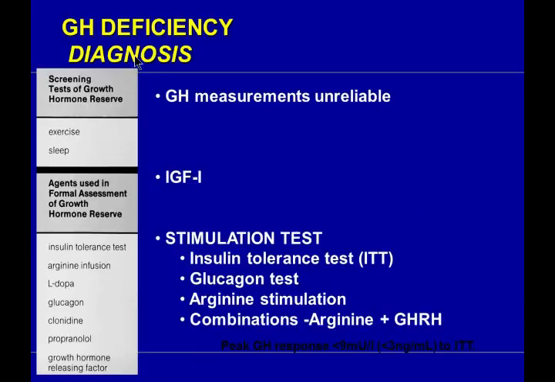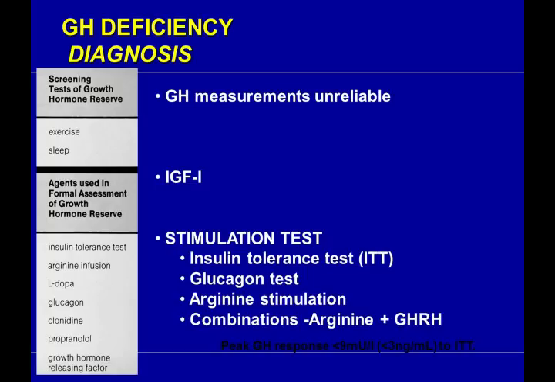How do we diagnose growth hormone deficiency? Well, unfortunately, growth hormone measurements are rather unreliable tests of growth hormone, because the growth hormone can range from almost non-detectable to reasonably high levels in the normal individual. Exercise and sleep are very common stimuli; in early sleep, growth hormone levels normally rise, so sometimes we try to measure growth hormone during early sleep.